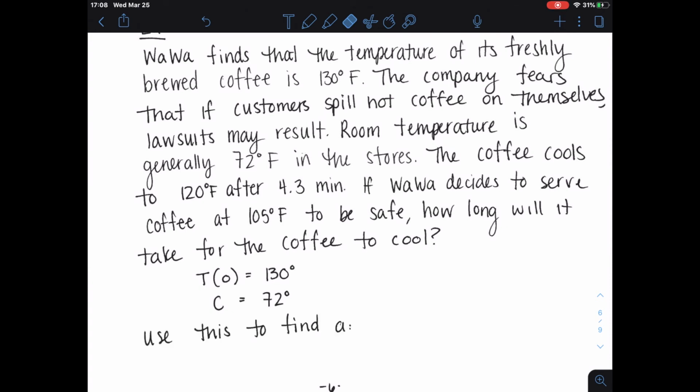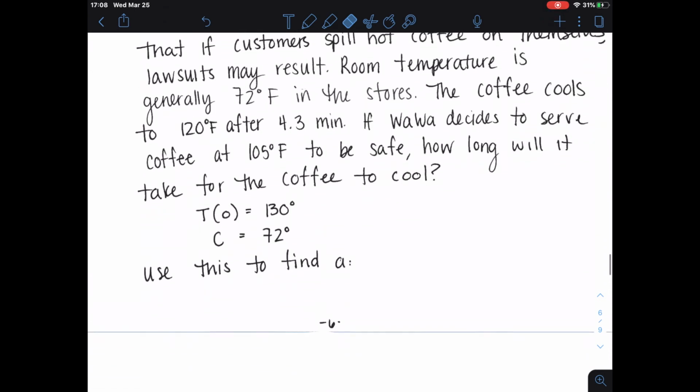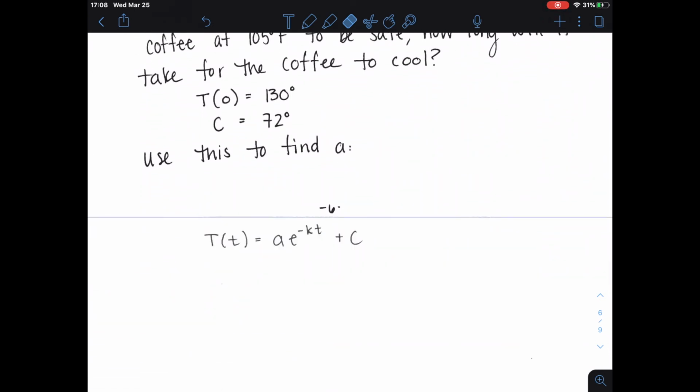So we're going to use this to first find the value of A. The formula we have for Newton's law of cooling is that the temperature is A e to the negative kt plus C. So when t is 0, you plug in 0, and all that does is make this e to the 0, which is nice because that's 1.